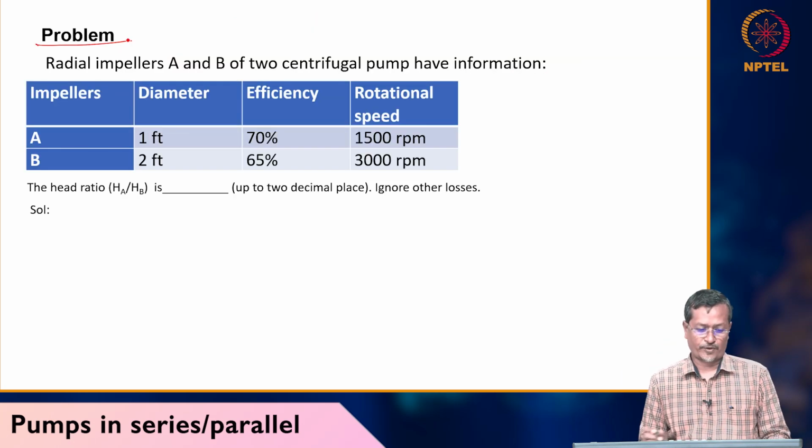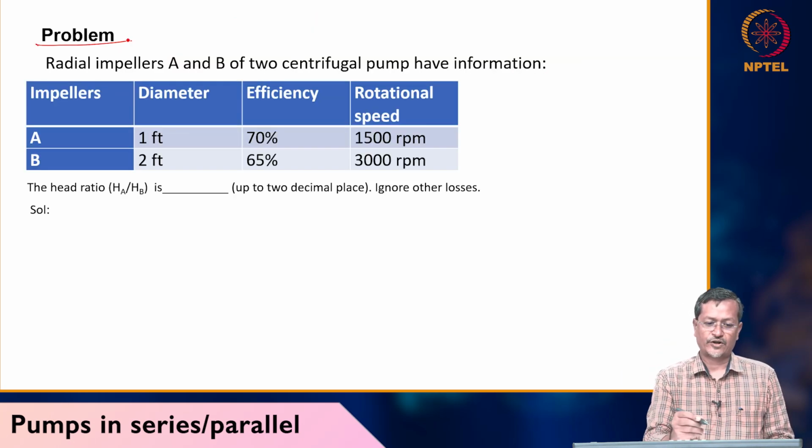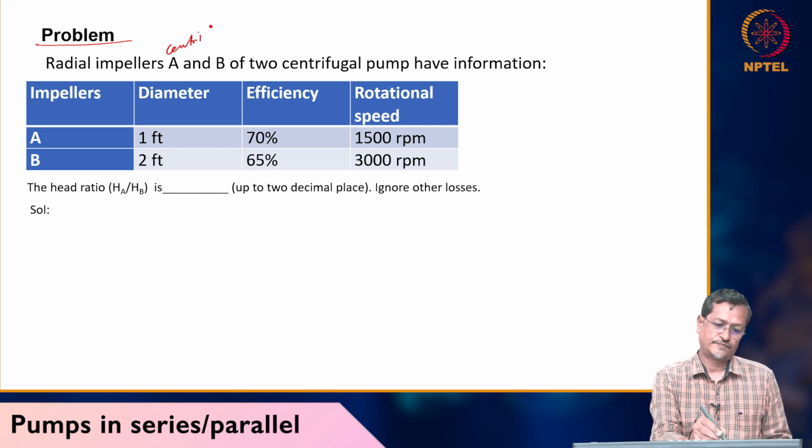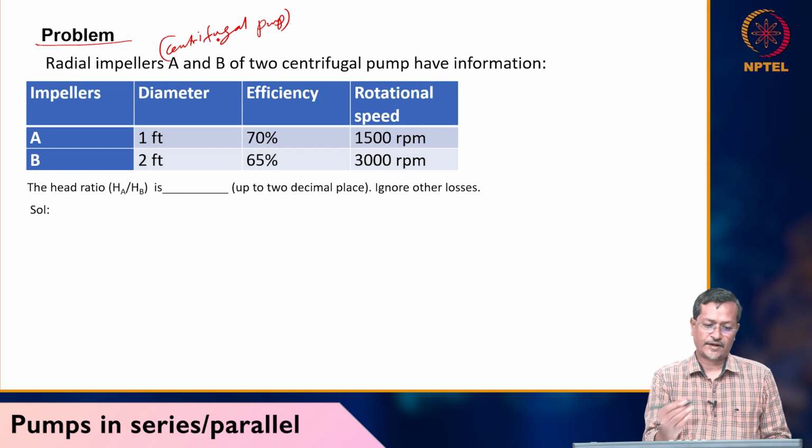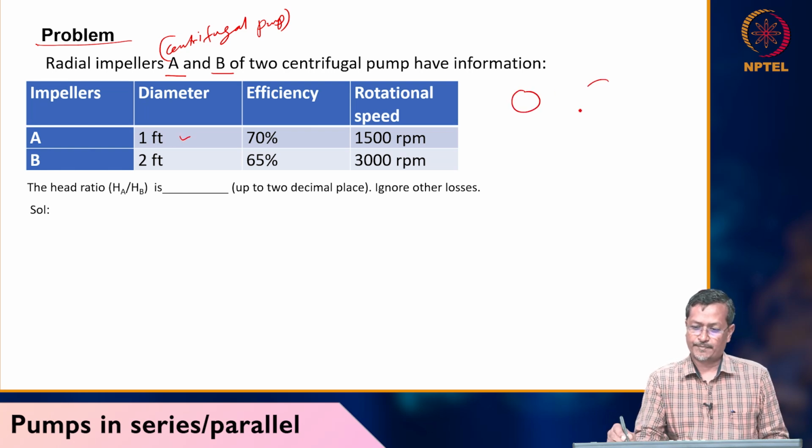Now let's solve one problem. Let's assume a radial flow impeller centrifugal pump. We have radial flow impellers, impeller A and impeller B. Impeller A has a diameter of 1 foot and impeller B has 2 feet, efficiencies 70 and 65, and N is given as 1500 and 3000.